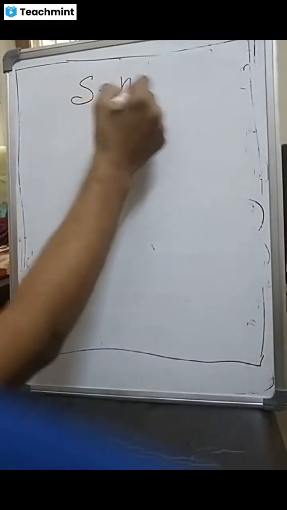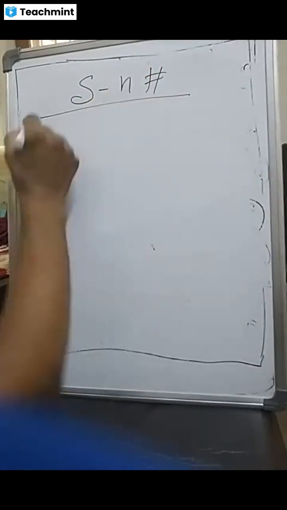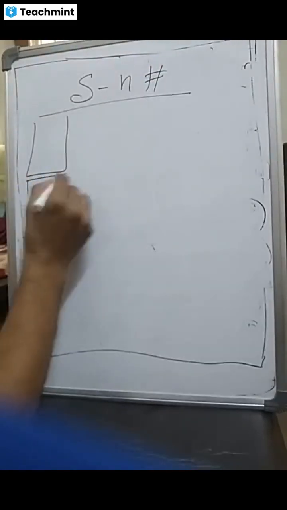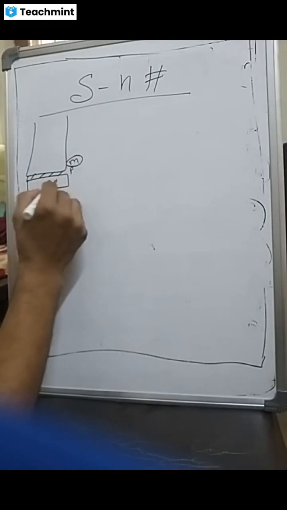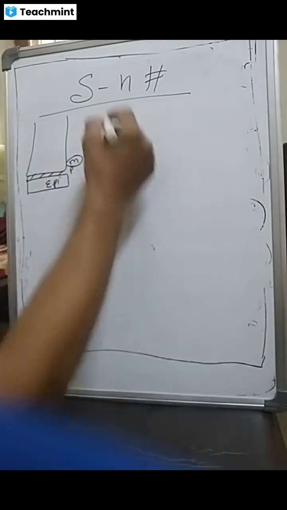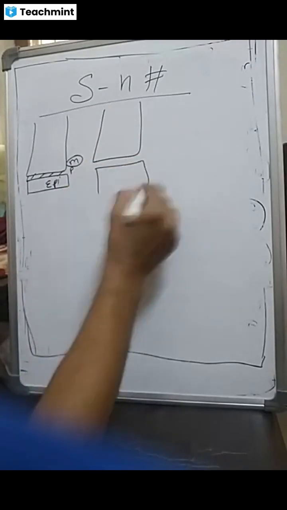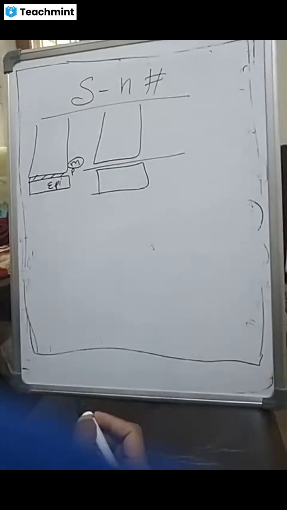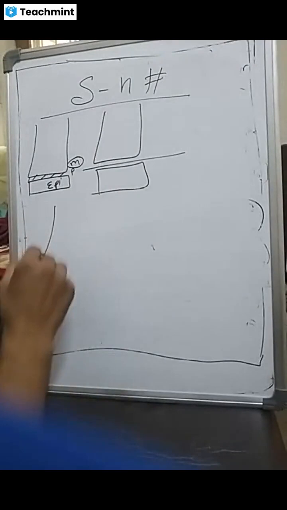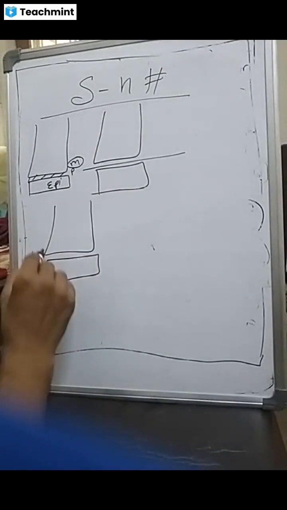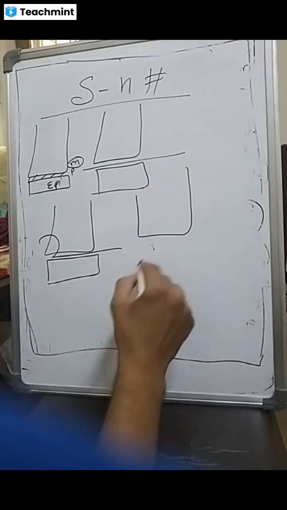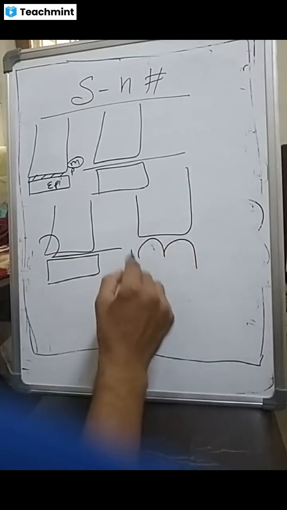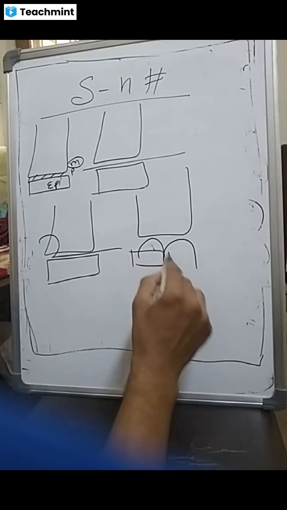This is a simple normal structure: your metaphysis, physis, and this is the epiphysis. What is type 1? Simply draw 1. What is type 2? Draw 2. What is type 3? Draw 3, like this.